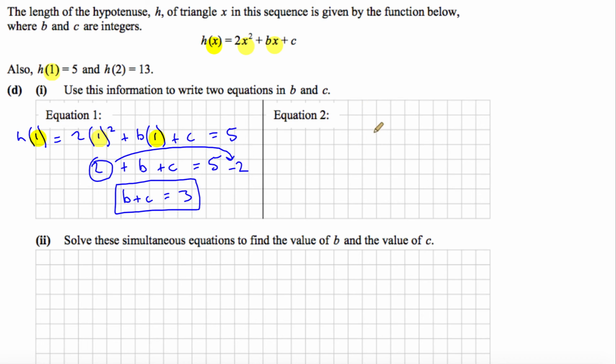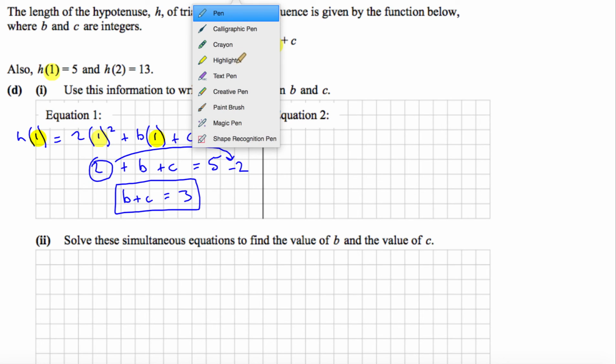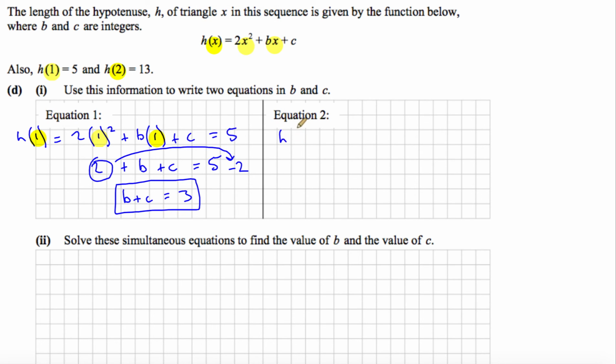And now I'm going to do the second equation over here using this information here. So this time h of 2. So h of 2 is equal to 2 bracket 2 squared plus b bracket 2 plus c. And this time h of 2 is equal to 13. So again, forgetting the h of 2 part now, we see that 2 squared is 4, and when we double that, that gives me 8.